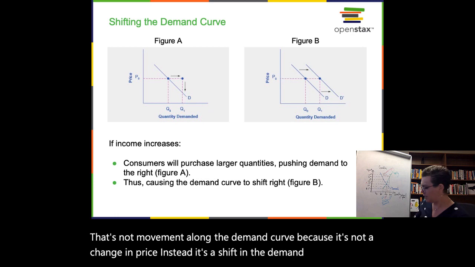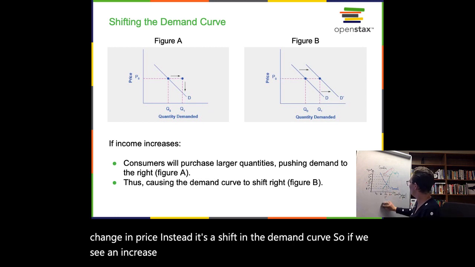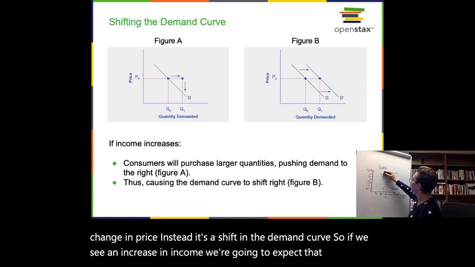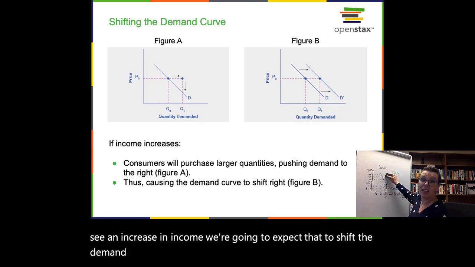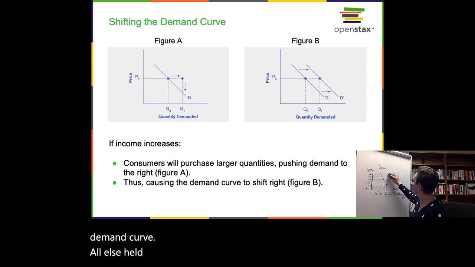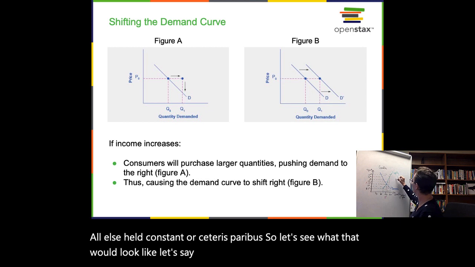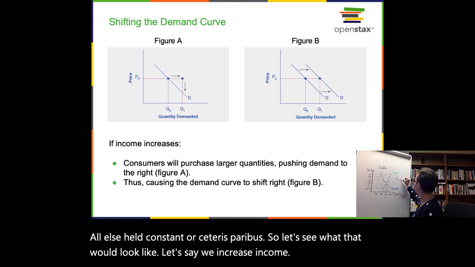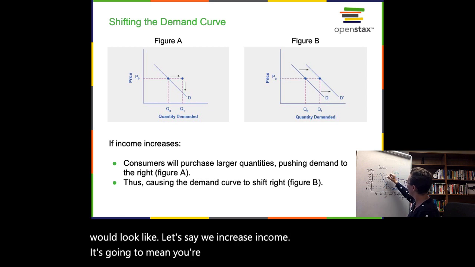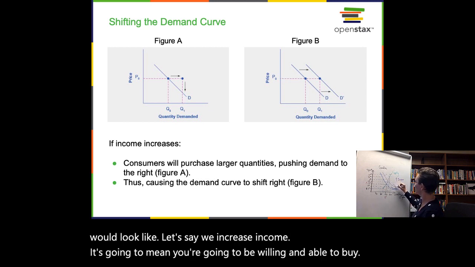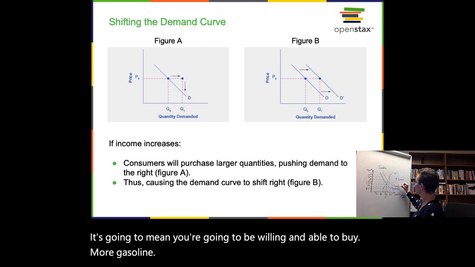So if we see an increase in income, we're going to expect that to shift the demand curve, all else held constant, or ceteris paribus. So let's see what that would look like. Let's say we increase income. It's going to mean you're going to be willing and able to buy more gasoline at every price.